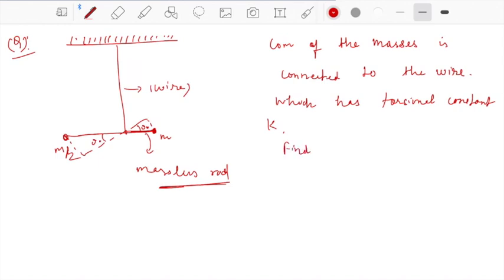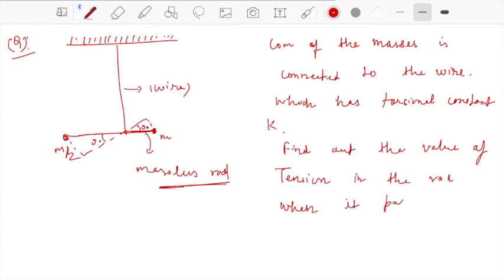Find out the value of tension in the rod when it passes through the mean position.